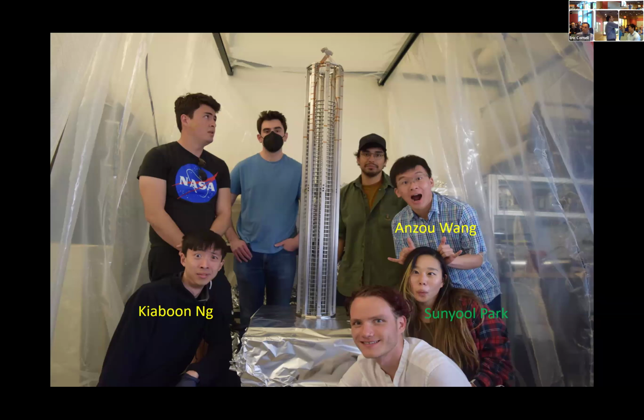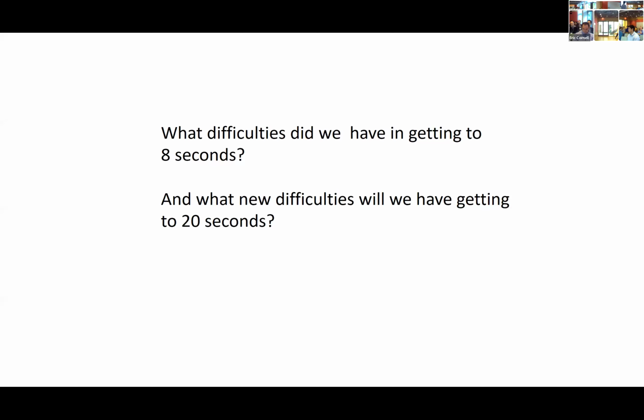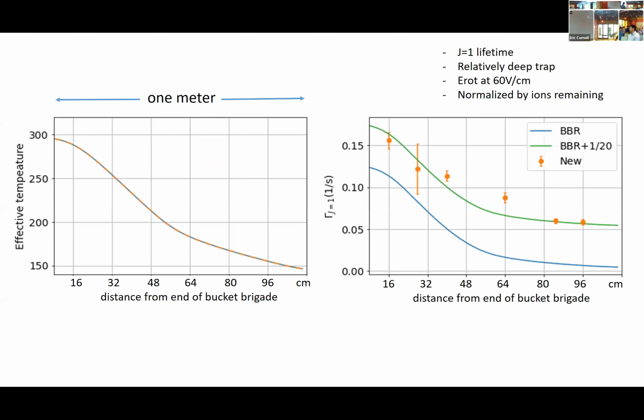It turns out we just need the black body radiation red enough that it doesn't excite the first vibrational transition, and the first vibrational transition is at like 900 Kelvin or something. So you go from 300 Kelvin down to 200 Kelvin, and it's a very large exponential suppression of the spontaneous decay. So this is the effective temperature, 300 Kelvin where we make them, 150 Kelvin deep down inside.